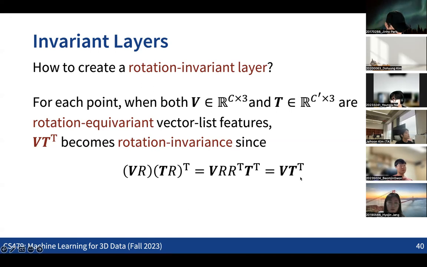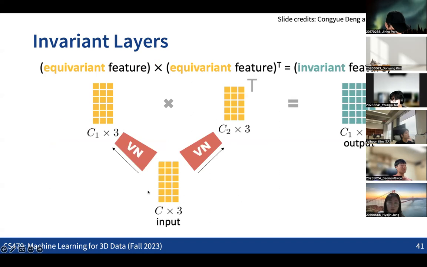So what this means is that, let's say you have any input, and using the rotation equivariant layers like this, we get two outputs, which are rotation equivariant features. If you simply compute V times T transpose, the output becomes rotation invariant features, which means that whatever rotation you apply to the input, the output remains the same.